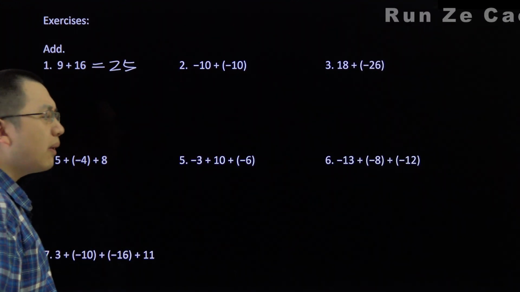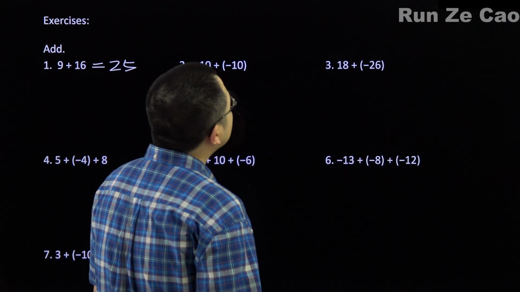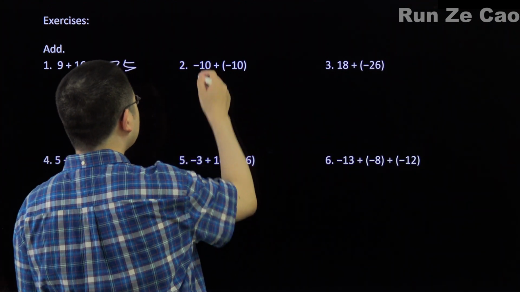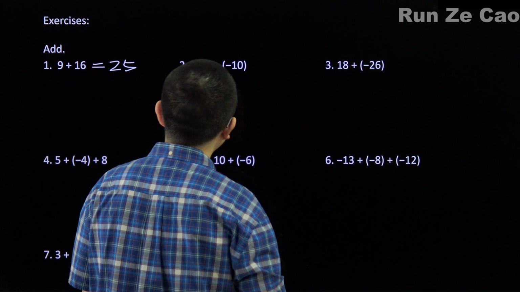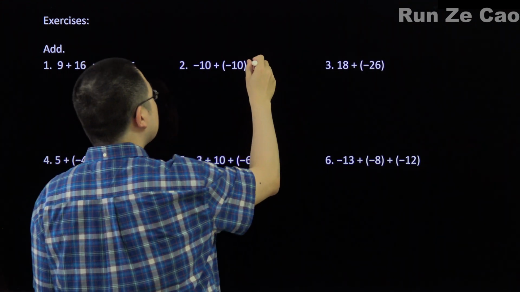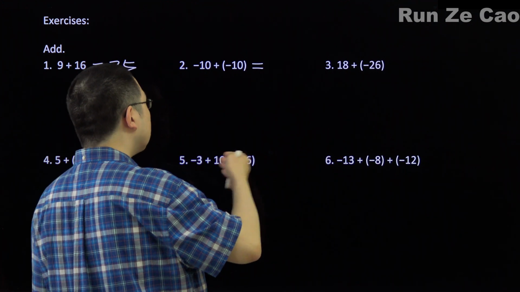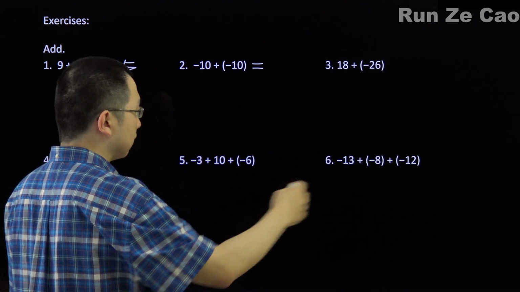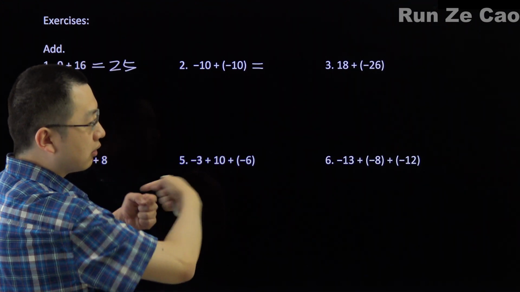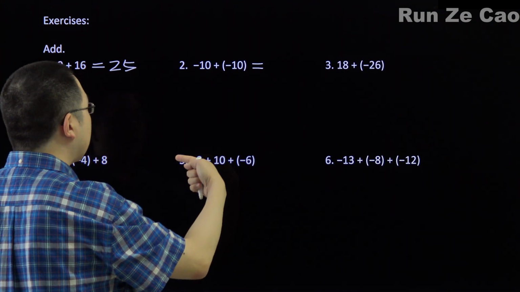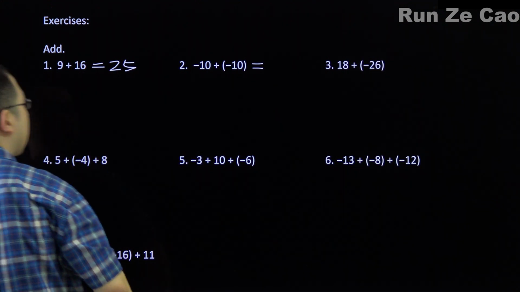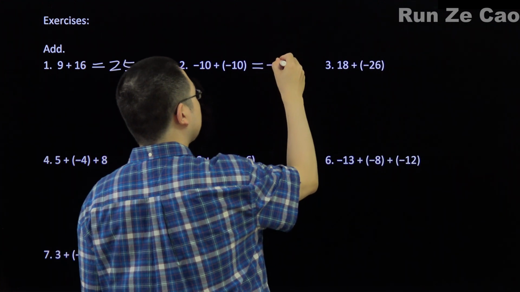I think, actually, we might have done this in grade 1. I don't remember. Anyway, negative 10 plus negative 10 is equal to, well, you go negative 10 units from 0, so 10 units negative from 0, and then you add another 10 in the negative direction. You're going to end up at negative 20.